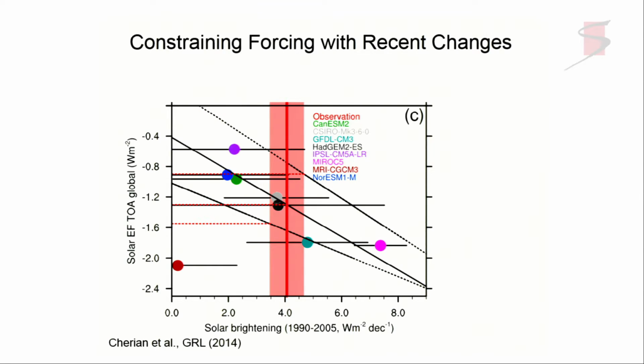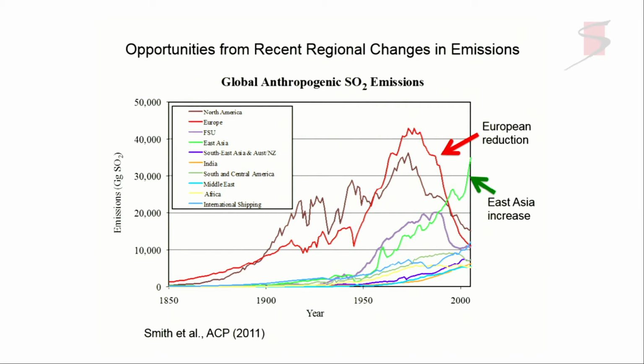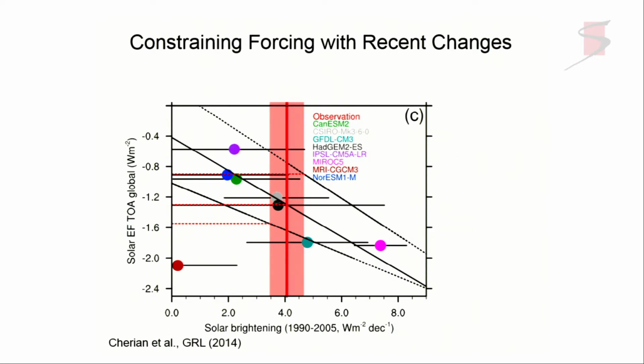One way you can do this, and I'm not all that familiar with this study, is to use global dimming and global brightening. In response to this European reduction of emissions, the skies got brighter, what we call global brightening, over Central Europe. And because Central Europe has a very good radiometer network, it's reliable, and you can constrain these trends.